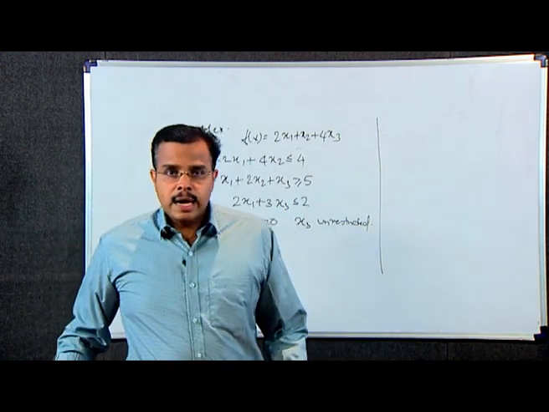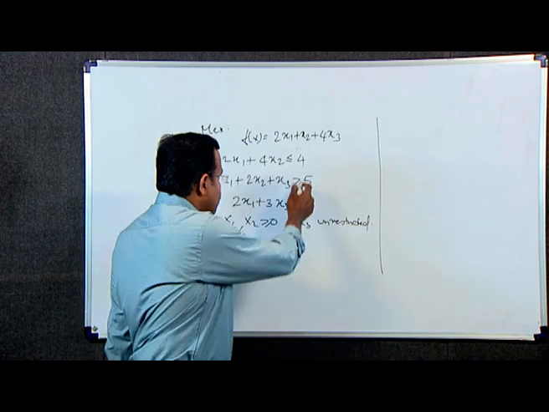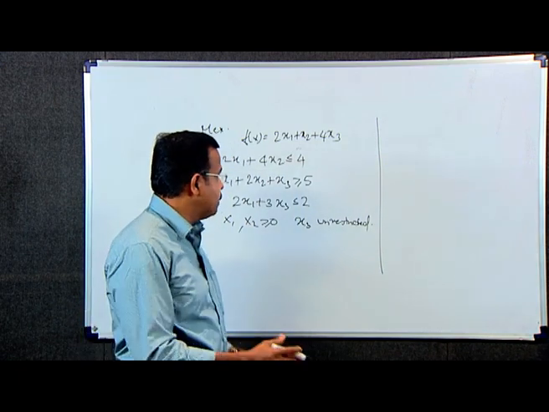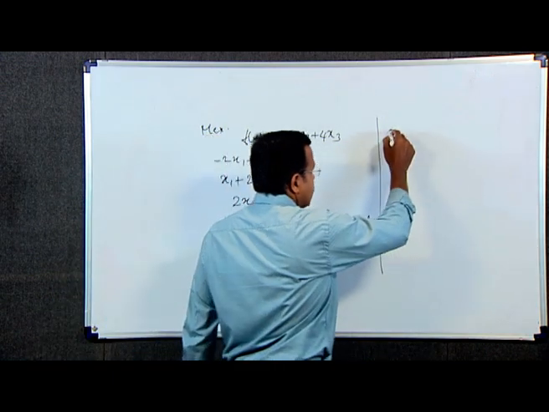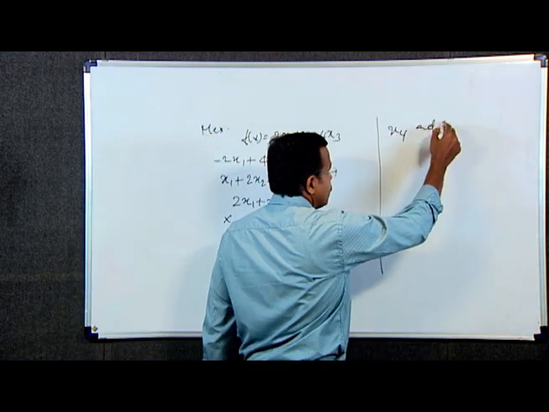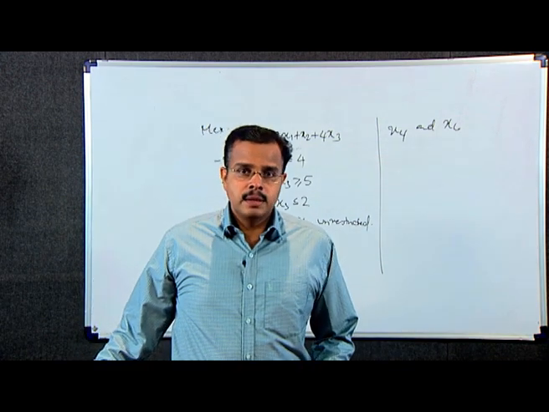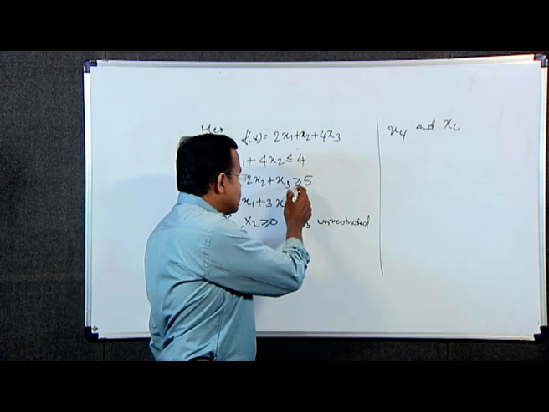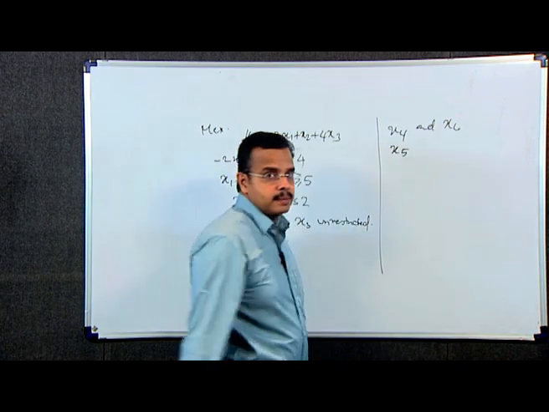It is to introduce slack variables for the first and third constraints. The first and third constraints are of less than or equal to type, so to make them equalities, we add slack variables. Let the slack variables be x4 and x6. A surplus variable is to be given for the second constraint, that is the greater than or equal to 5 type. Let it be x5.